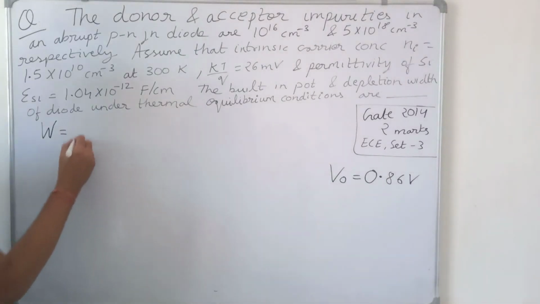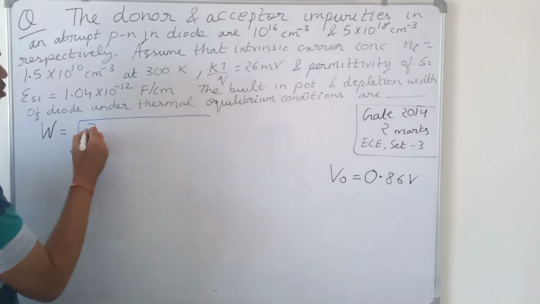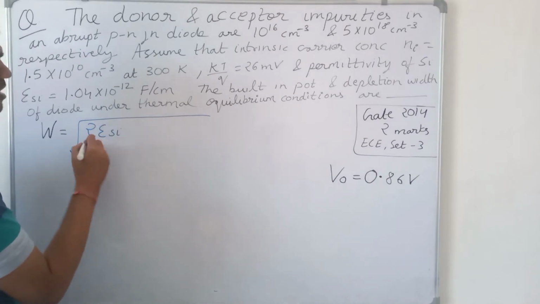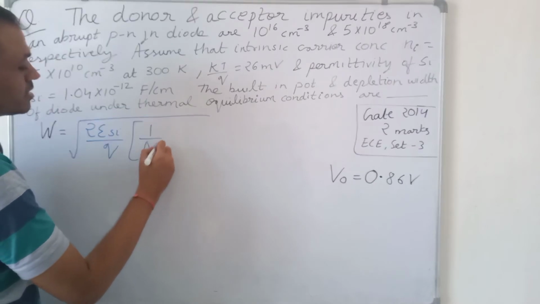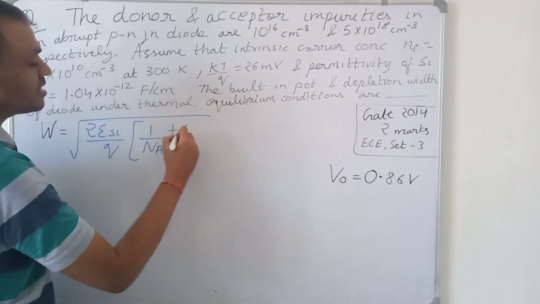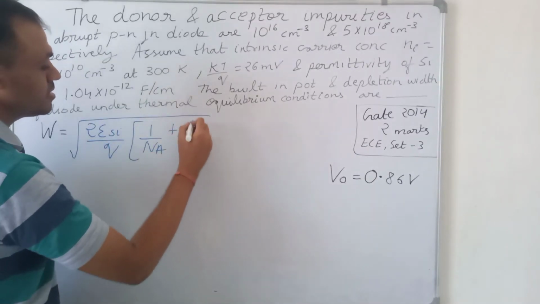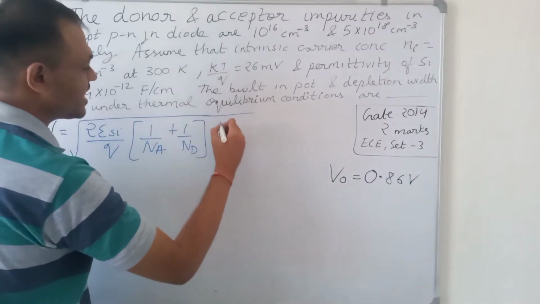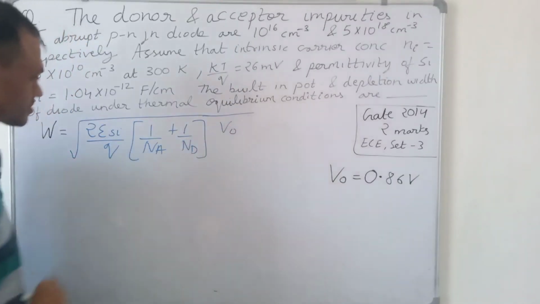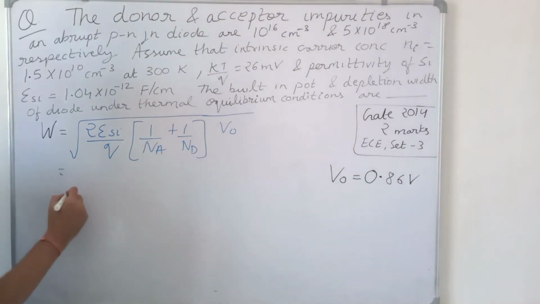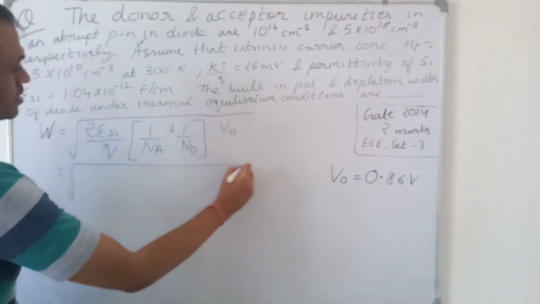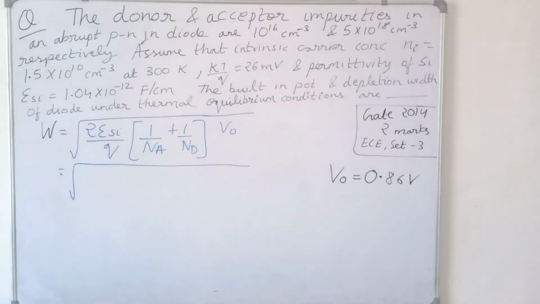So depletion width is given as the square root of 2 epsilon Si upon q into (1 upon Na plus 1 upon Nd) into built-in potential V0. So we will put the data now.